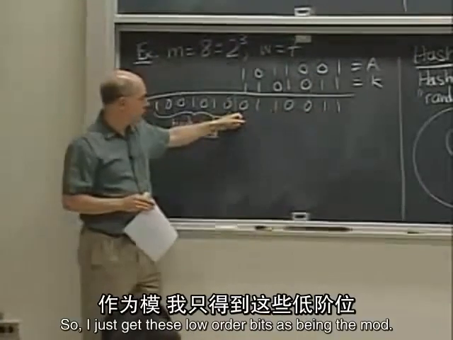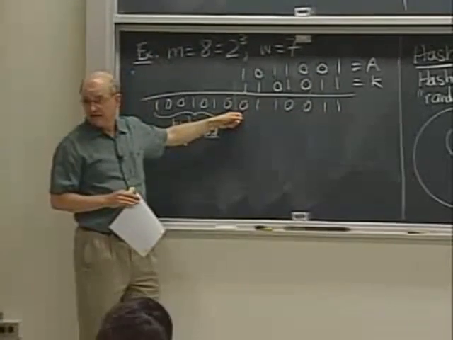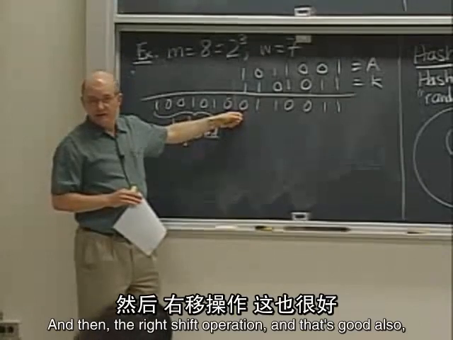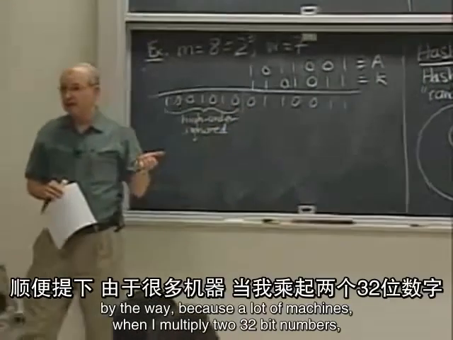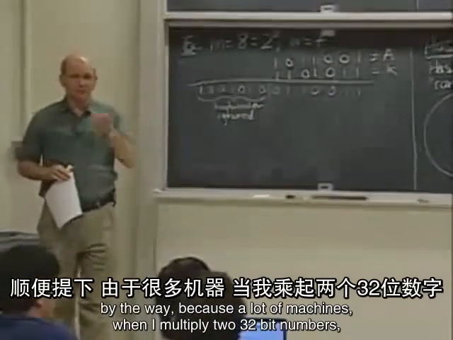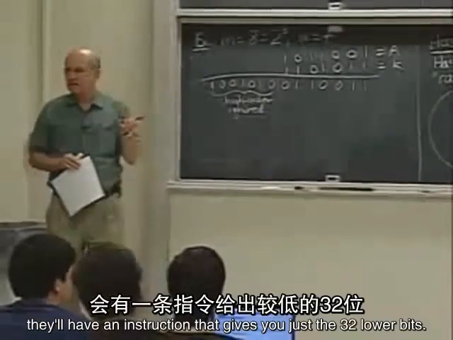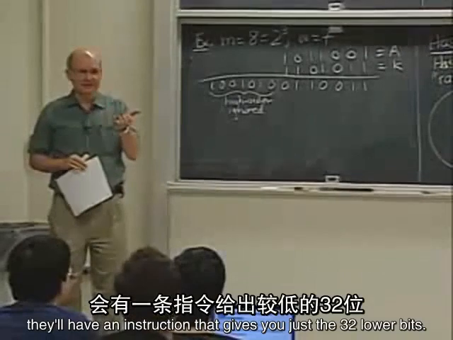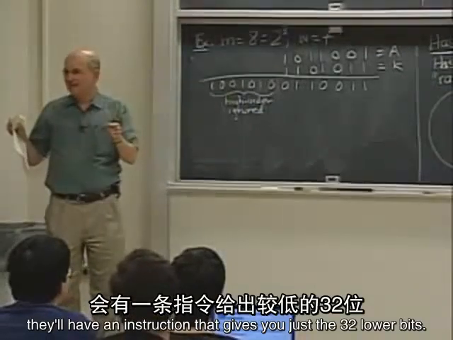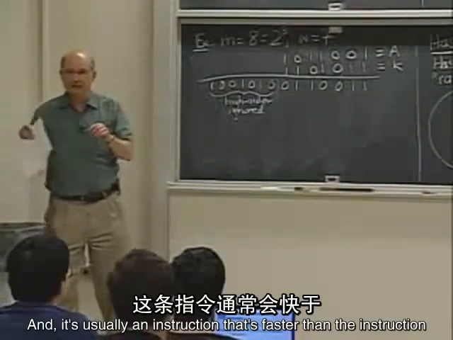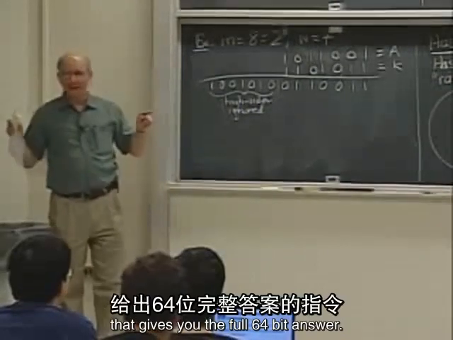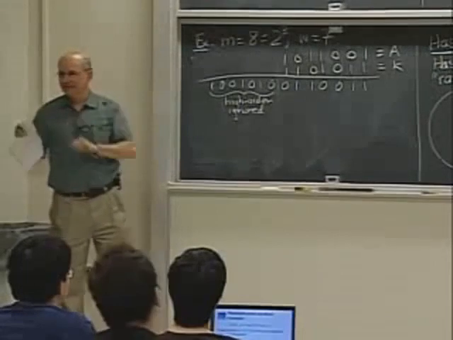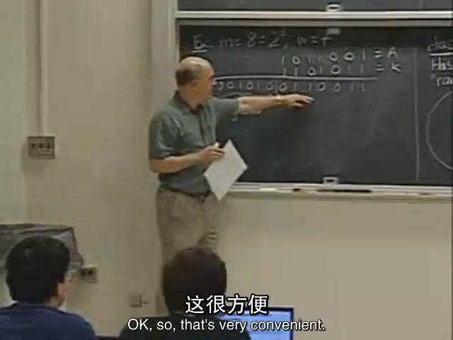So I just get these low order bits as being the mod. And that's good also, by the way, because a lot of machines, when they multiply two 32-bit numbers, have an instruction that gives you just the 32 lower bits. And it's usually an instruction that's faster than the instruction that gives you the full 64-bit answer. So that's very convenient.